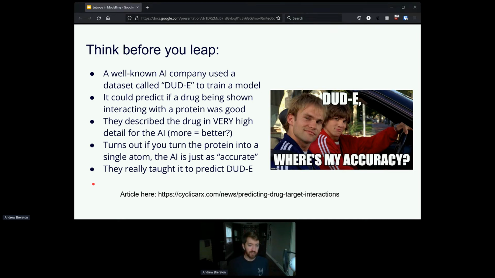You can't cheat the universe and just reverse entropy. You can't make the correct information just appear out of the air, out of nothing. So one way this was shown was you can take this model that they trained and replace all of the drugs in the data set with just a single atom.